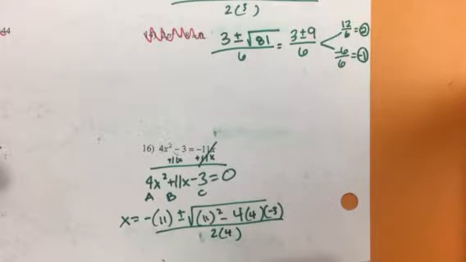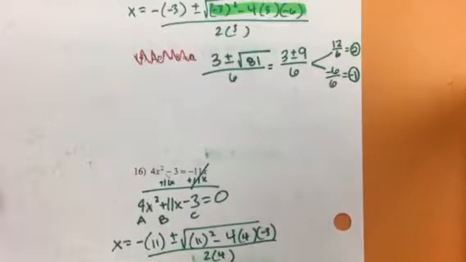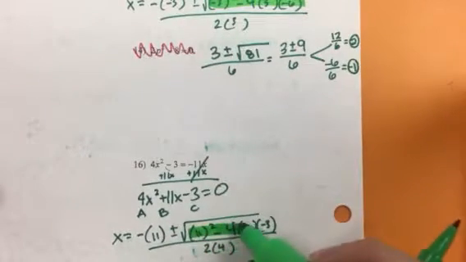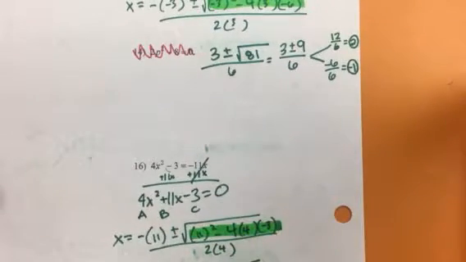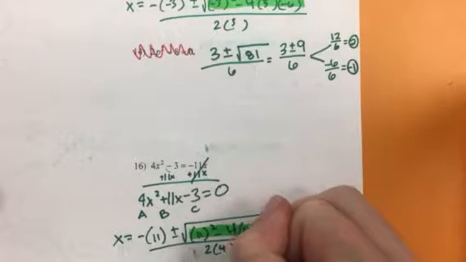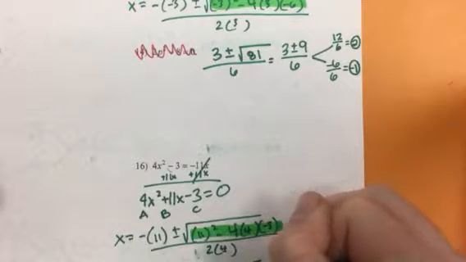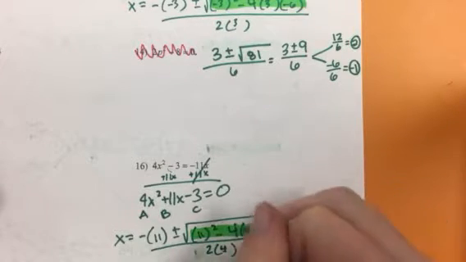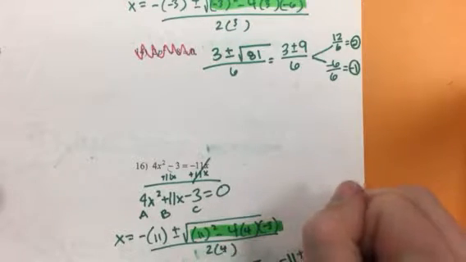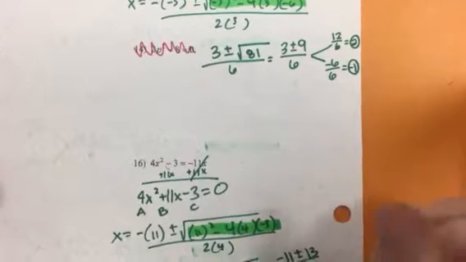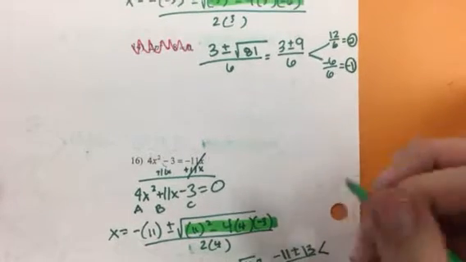So we get negative 11 plus or minus the square root of, enter this into your calculator, and we should get 169 over 2 times 4 is 8. Negative 11 plus or minus the square root of 169 is 13. And we get two solutions.